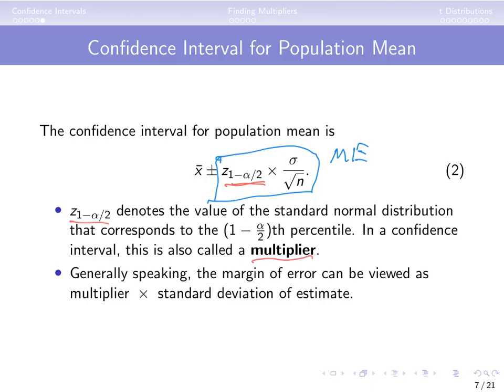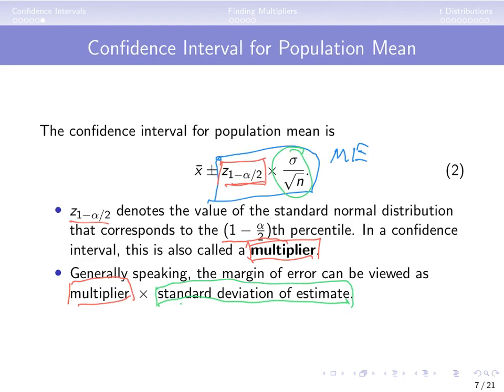It denotes the value of the standard normal distribution that corresponds to this percentile, right? So alpha is based on your confidence level. In a confidence interval, this is also called a multiplier, right? So generally speaking, the margin of error can be viewed as the multiplier times the standard deviation of the estimate. So the standard deviation of the estimate is this term over here.